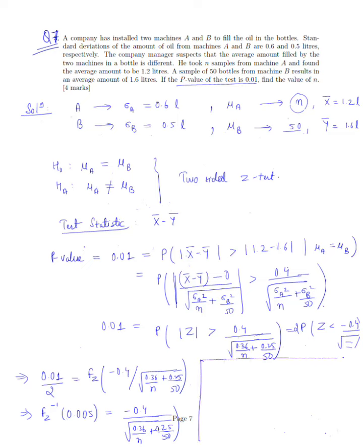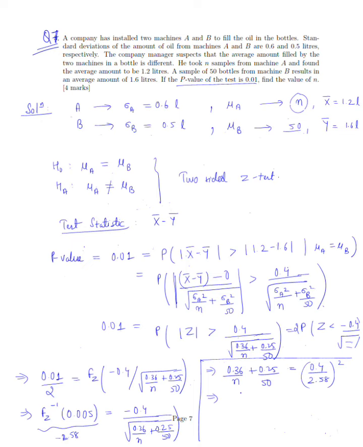Solve it here. So minus 2.58 equals minus 0.4 divided by the square root term. Once you solve this, you get 0.36 divided by n plus 0.25 divided by 50 equals 0.4 divided by 2.58, whole square. Because once you open the square root, you will have to take the square on the other side.